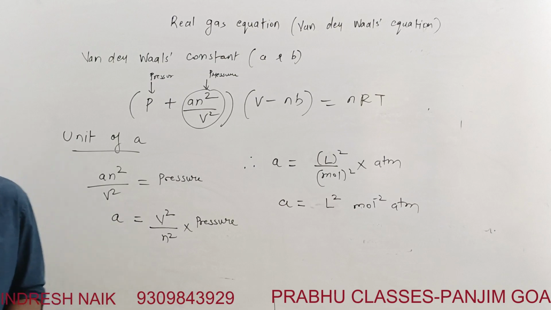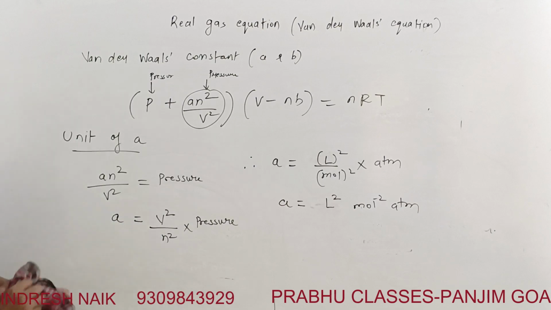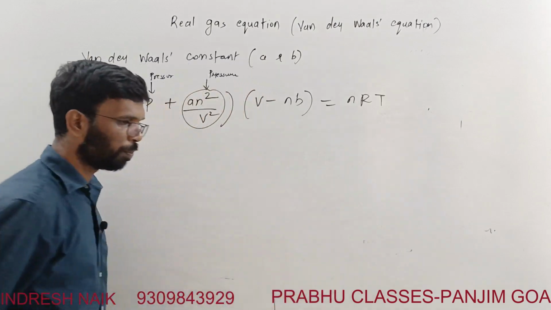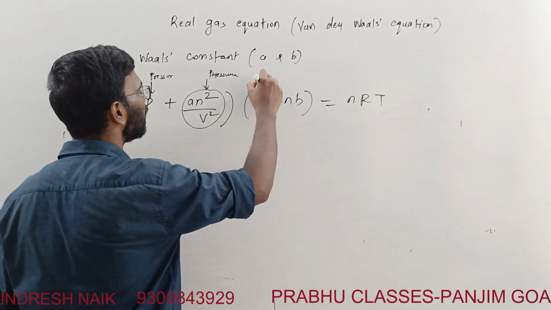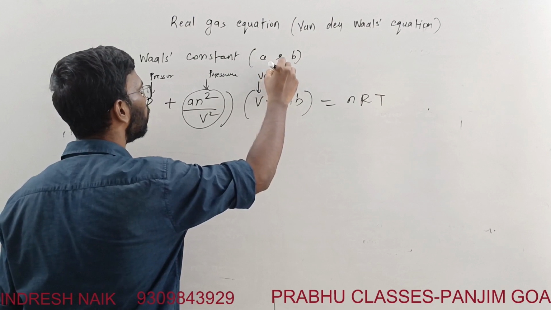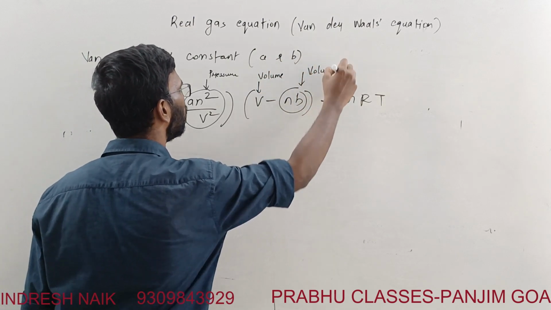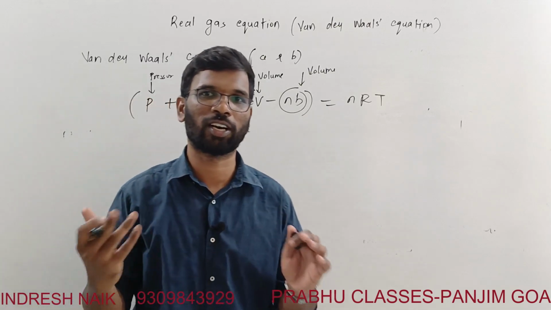Now what were the units of b? In the equation, V represents a volume, so this quantity should also represent a volume, since addition and subtraction is done on the same quantities.